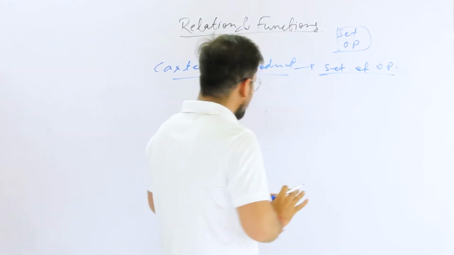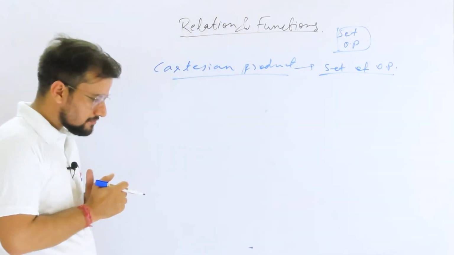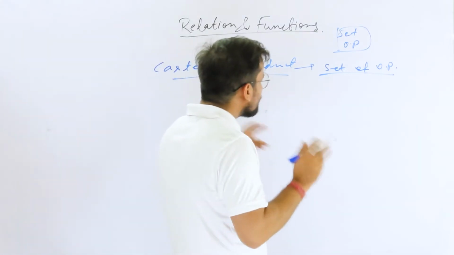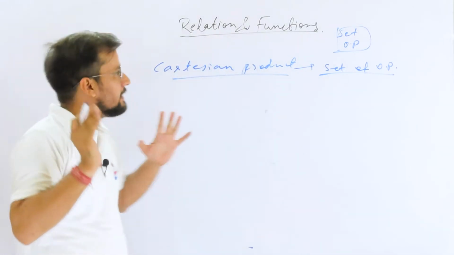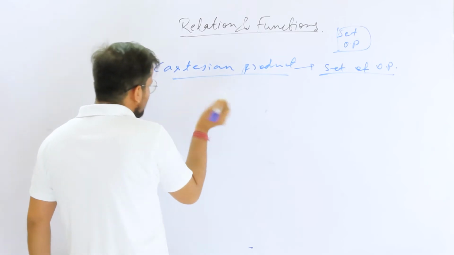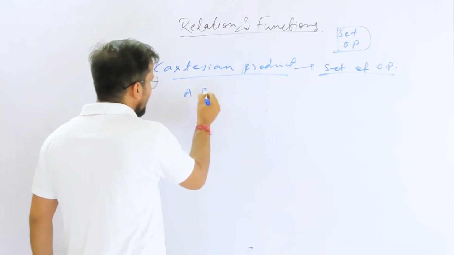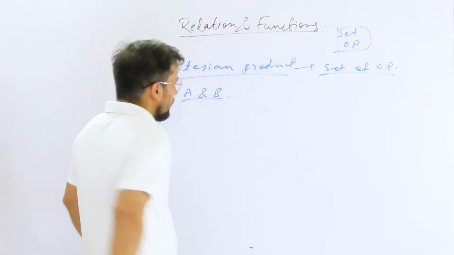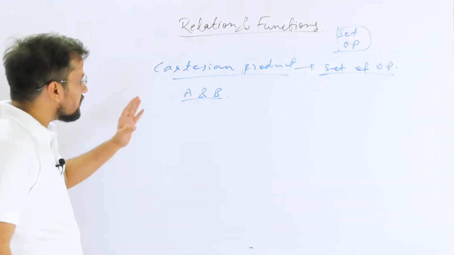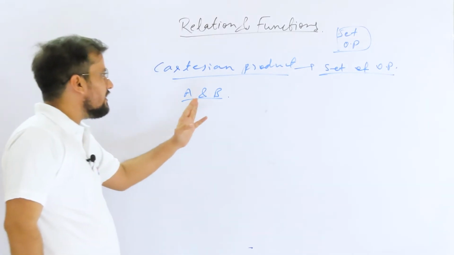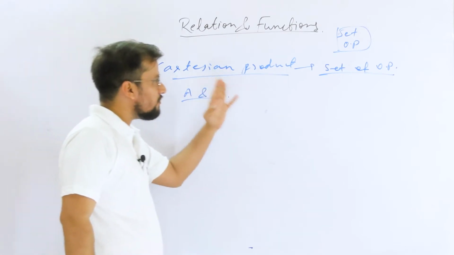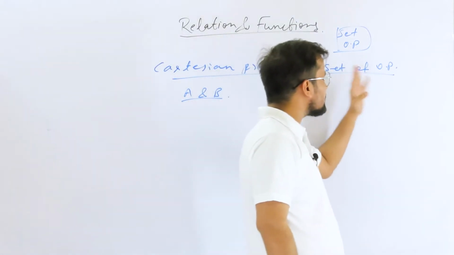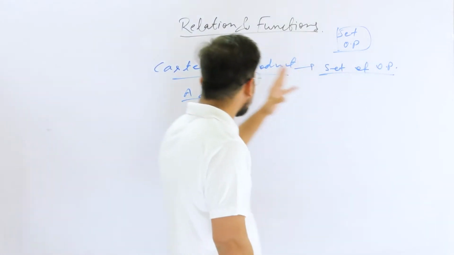Suppose we have two sets, let's say A and B. The Cartesian product of the two sets A and B will be the set of all ordered pairs.